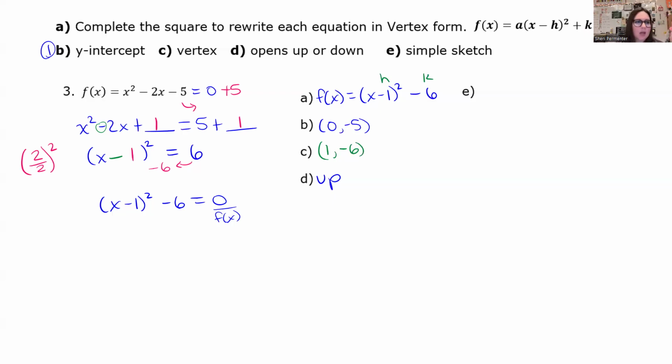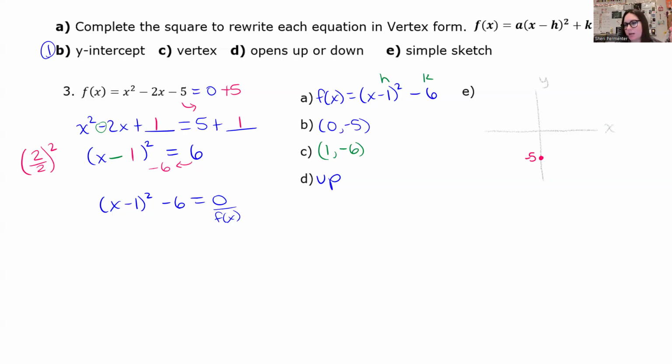I'm gonna get things ready to make a simple sketch with x and y. I'm gonna plot the things that I know. That's really all that my simple sketch needs. I know that my y-intercept is way down at -5. And then my vertex is 1, -6.